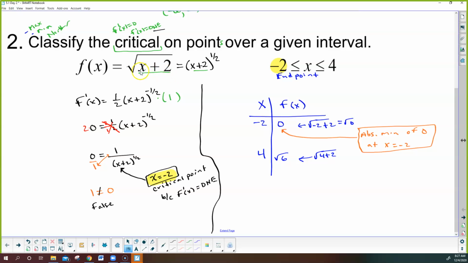And by the way, this function is continuous. If we were to look at the graph, you could kind of confirm that. So that's why I know that this is the lowest point of all of it, and then here's the highest point. So then we have an absolute max of square root of 6. And then where does it occur? At 4.